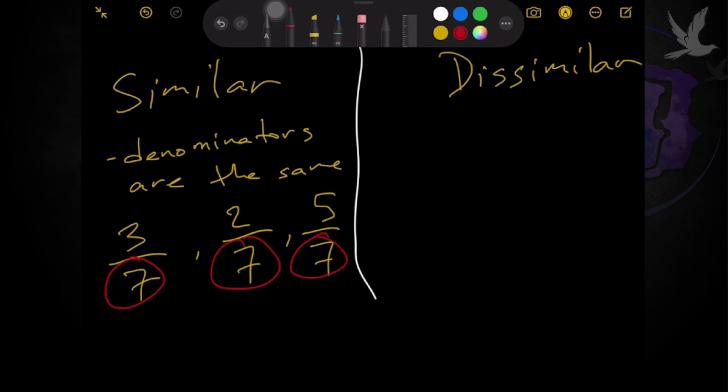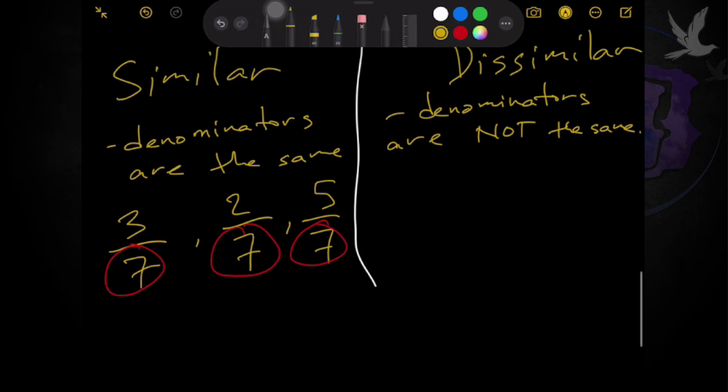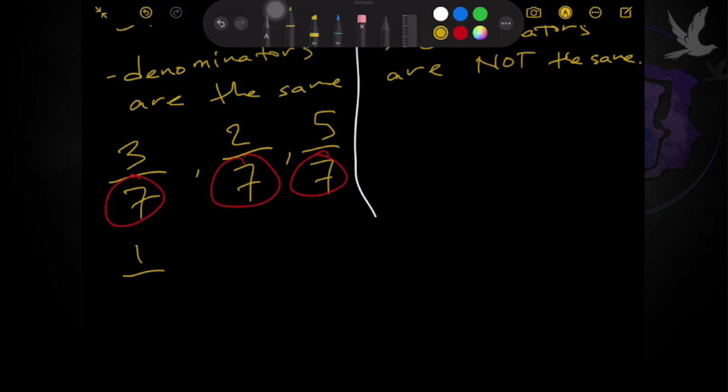While obviously, for dissimilar fractions, it means the opposite, where their denominators are not the same. Ganun lang. Okay? So, another example ng similar fractions, meron tayo, for example, 1 over 4, 2 over 4, 4 over 4 even.